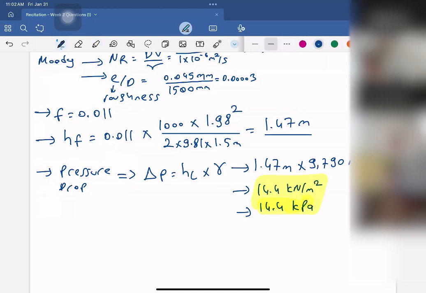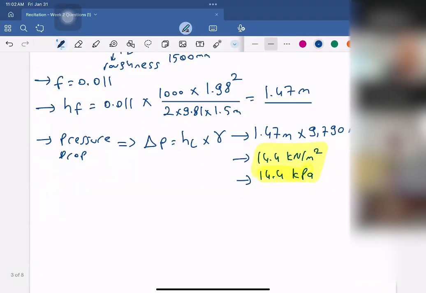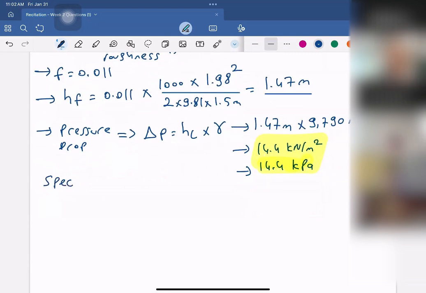Okay, is there any question here? Could you repeat where you got that 9,790? Okay, so here we have the specific weight of water.